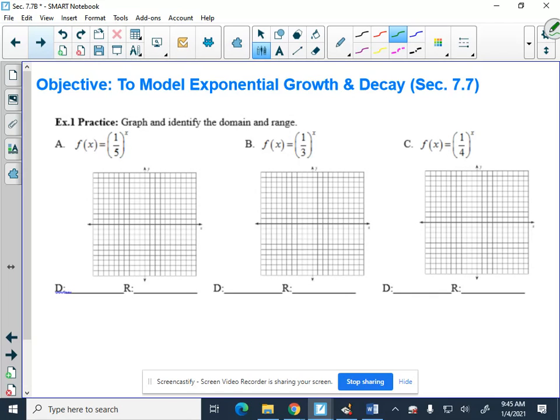Okay, graph and identify the domain and range. So to do this, you may want to make a little table and use your calculator. Now, every student asks, well, where do I get the numbers? You just come up with the numbers, and you just have to have a couple of them, okay?